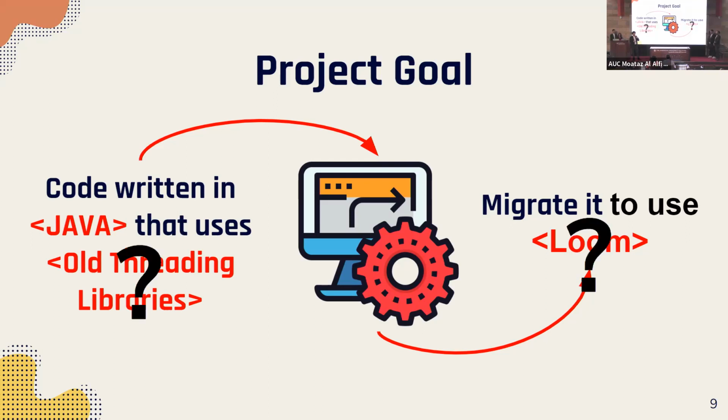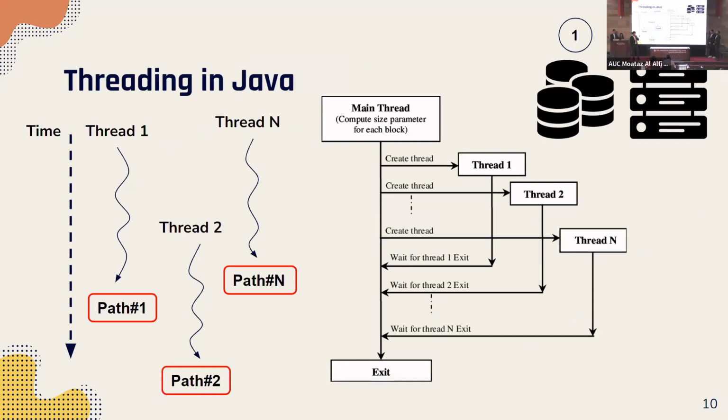But what are the old threading libraries and what is Loom? A thread in Java is basically a direction or path that is taken during the execution of a program. Threading is necessary for concurrency and parallelism, and it's widely used in applications related to databases and server-side applications.